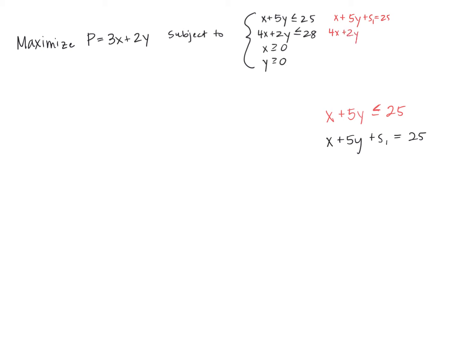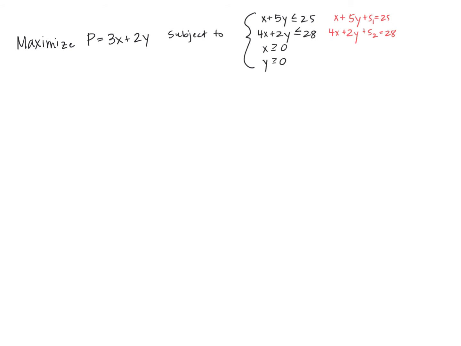Now, I might not add the same thing to that equation, so it's going to be a different slack variable. So I'm going to call it S sub 2. The subscript 1 is because it's associated with the first inequality. S sub 2 has a 2 because it's associated with the second inequality. But notice that those are not necessarily the same number.